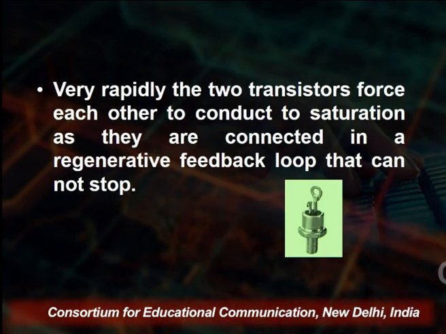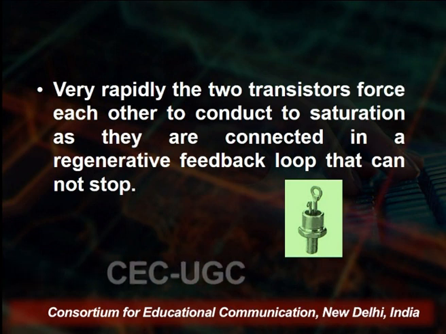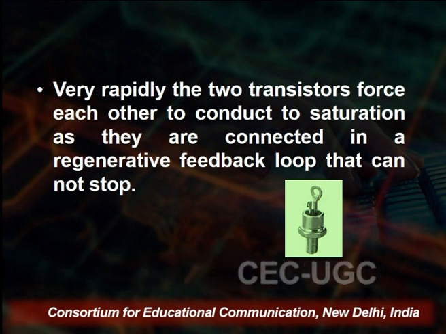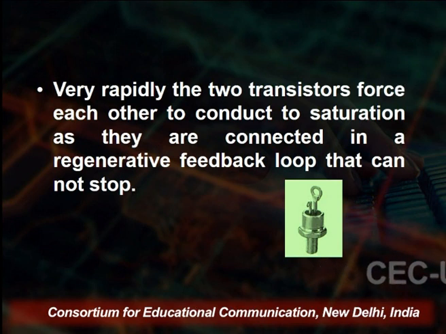Very rapidly, the two transistors force each other to conduct into saturation as they are conducting in a regenerative feedback loop that cannot stop. In this manner, they will continuously work on.